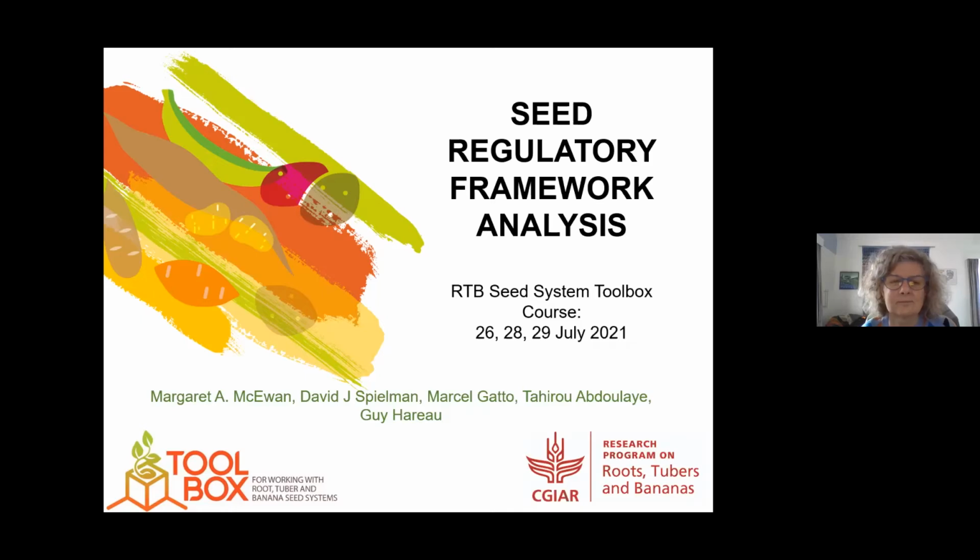This tool has been developed, tested, and validated as part of a collaboration between two CG research programs, the program on roots, tubers, and bananas, and the IFPRI-led research program on policies, institutions, and markets. A group of colleagues has worked together on this tool, including David Spielman, Marcel Gatto, Tahiru Abdullahi, and Guy Haro.